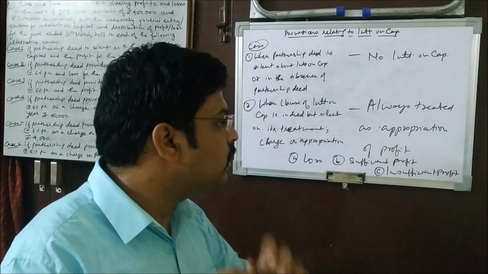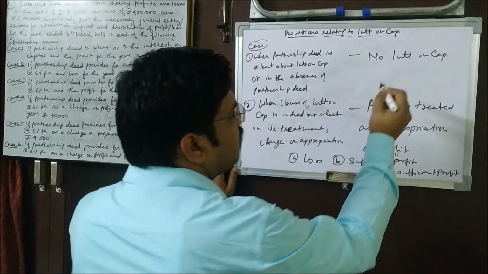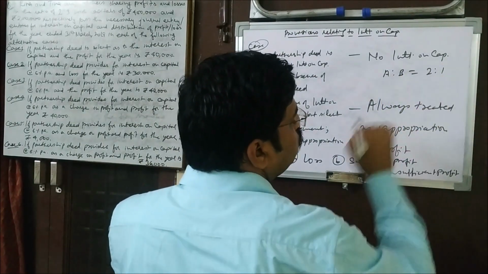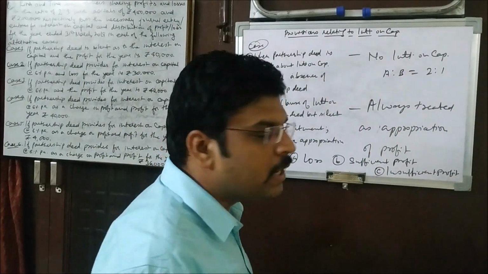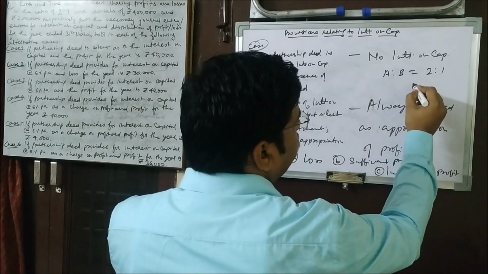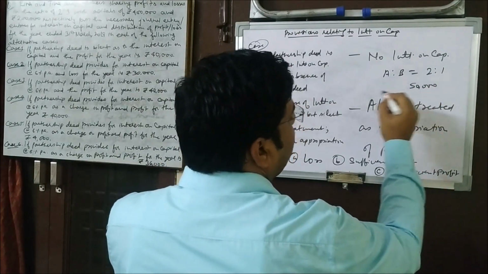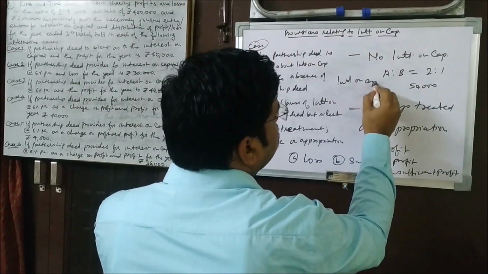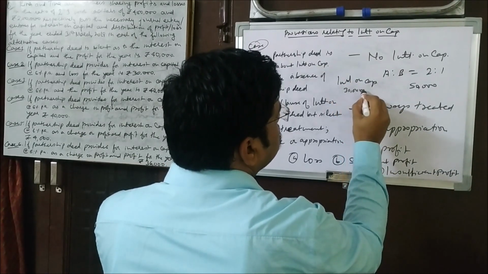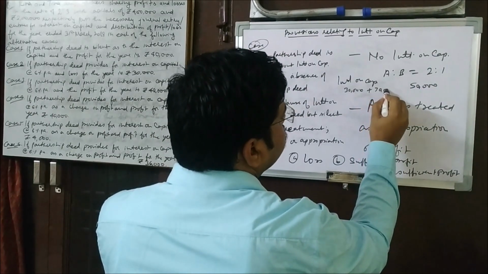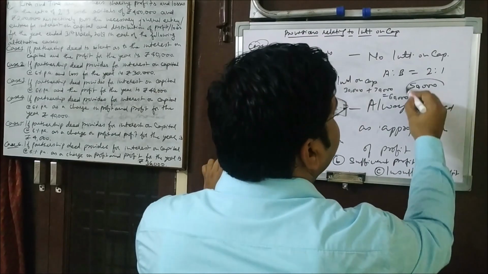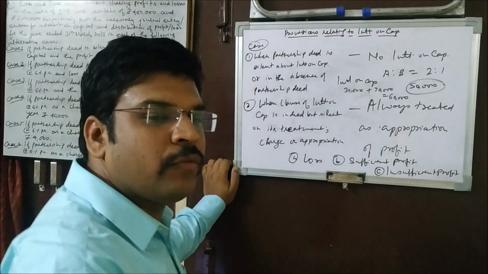I will explain with an example. Say there are partners A and B, and their profit sharing ratio is 2:1. The profit is 50,000 and say they are both getting interest on capital equally, 30,000 plus 30,000, so in total it is coming out to 60,000. But we have insufficient profit, we have a profit of 50,000.